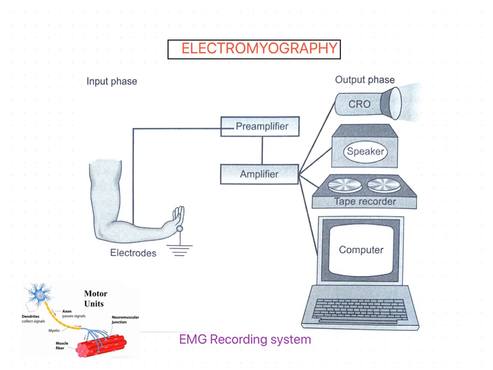the neuromuscular system. An EMG examination assesses the integrity of the neuromuscular system, including the upper and lower motor neurons, the neuromuscular junction, and muscle fibers.